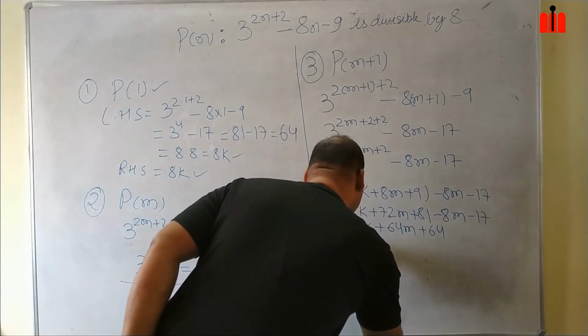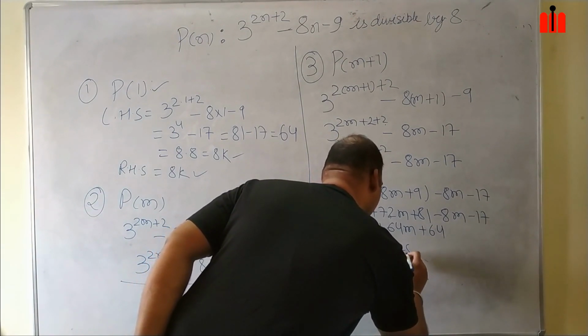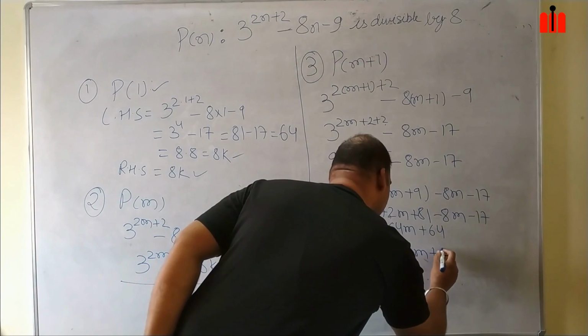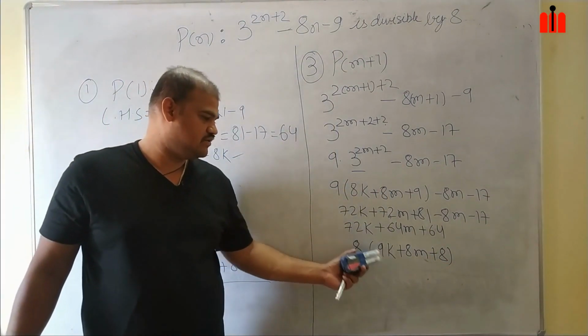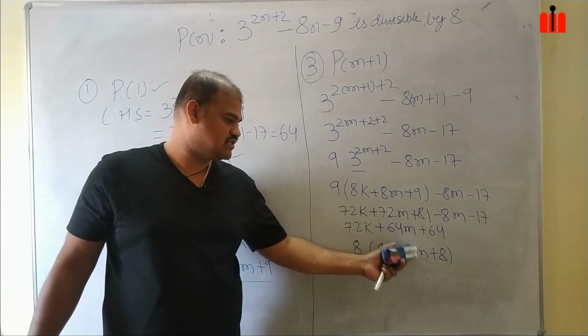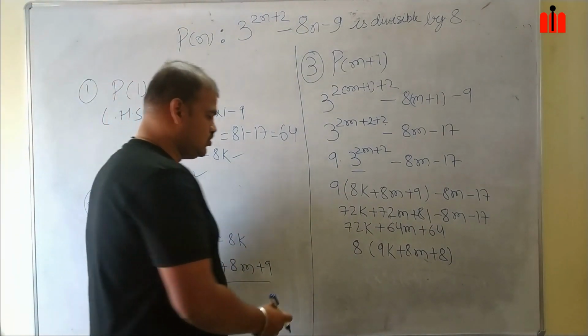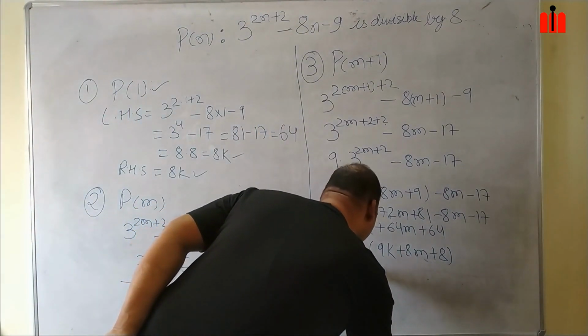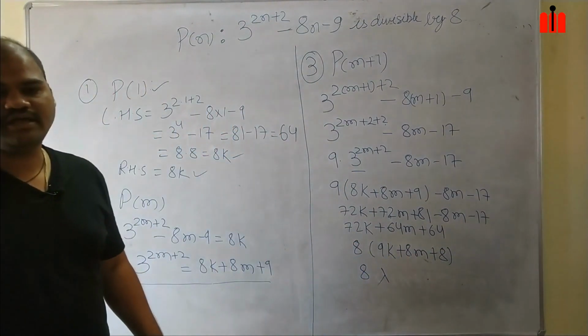So it will be 8 into 9k plus 8m plus 8. Okay, 8 9 is 72, 72k, 8 8 is 64, 64m, 8 8 is 64, 64. So this entire thing will be 8 lambda. Entire thing I can substitute by lambda.